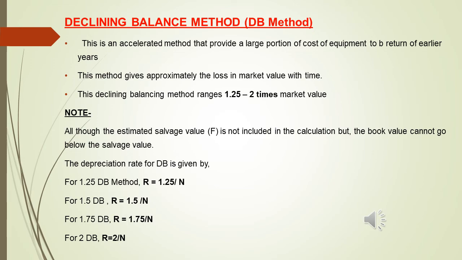Then you have to substitute R equal to 2 by N. They'll give it in the question. You have to take that R value and substitute it in the tabulation. Let's go through the problem related to the declining balance method.